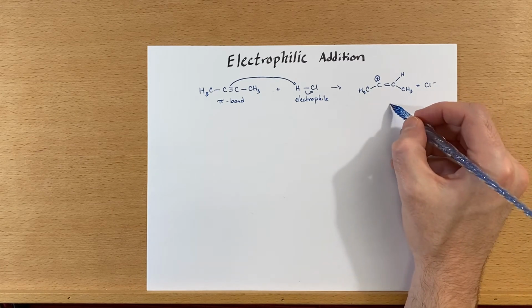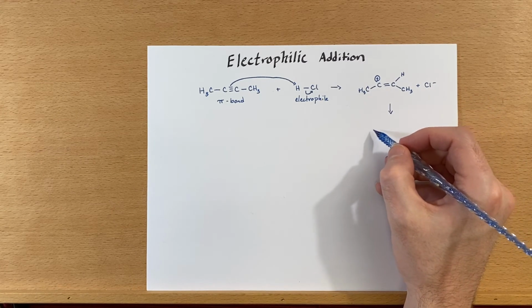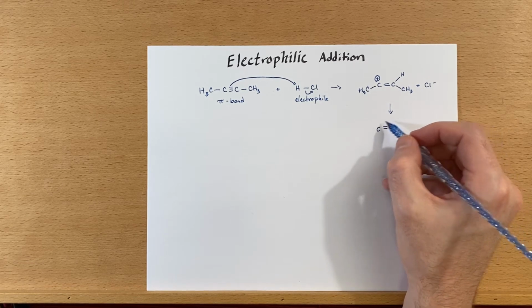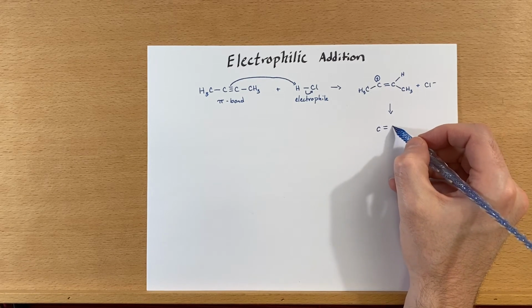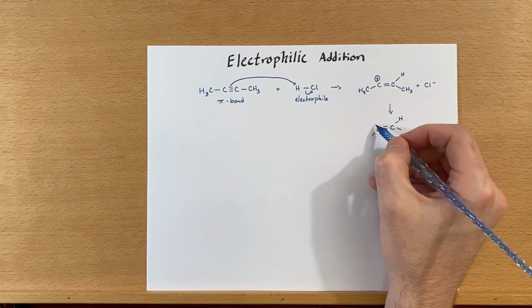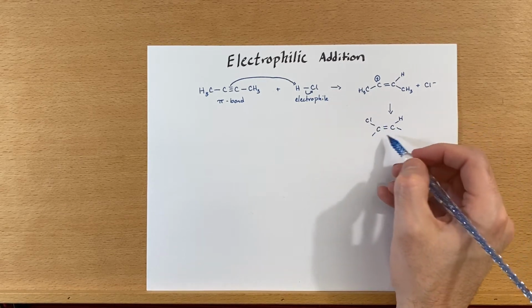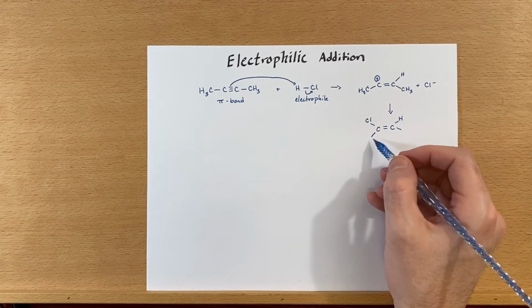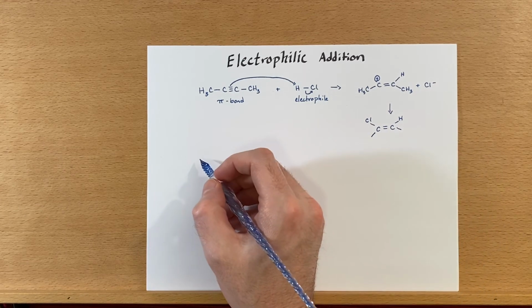Here, I'll just try here. We would end up with something like this. Now, we could have a mixture of cis and trans isomers, but anyway, have something like that.